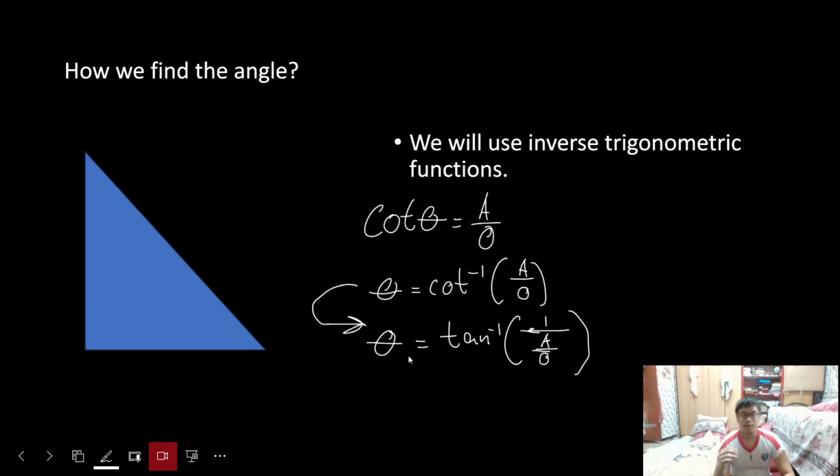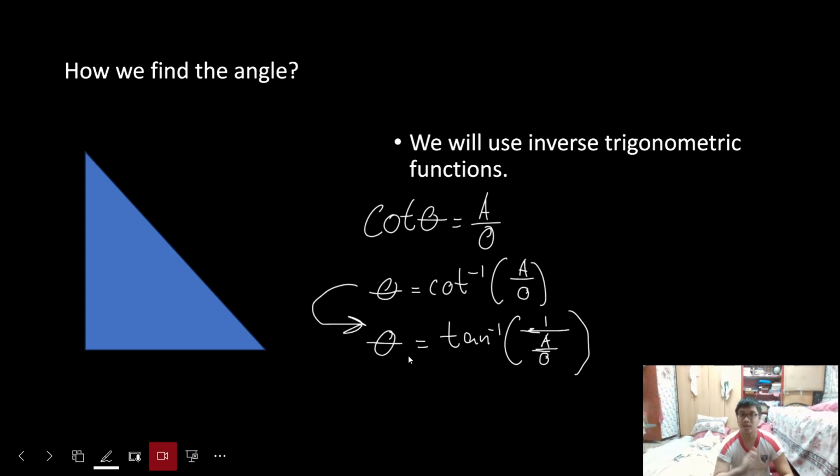Now, in here, I've given you all of the inverse trigonometric functions, right? Now, let me tell you, all of those trigonometric and inverse trigonometric functions should have the same answer. Okay?